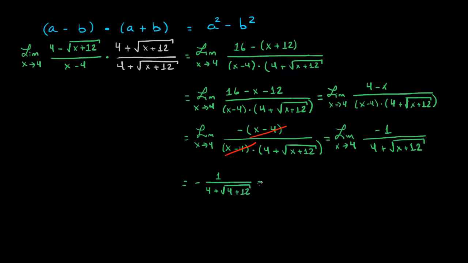Now this 4 plus 12 would turn into a 16, and the square root of 16 would be 4. So I'm getting 1 over 4 plus 4, and I'm getting at the end, as a result, negative 1 over 8. And that would be basically it.